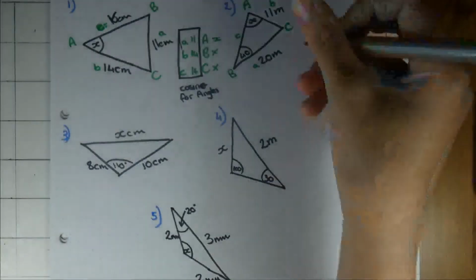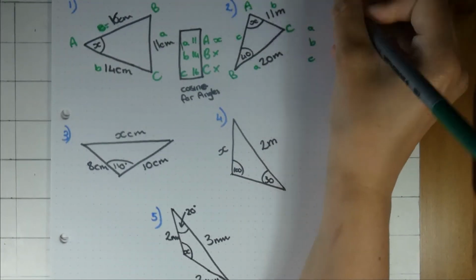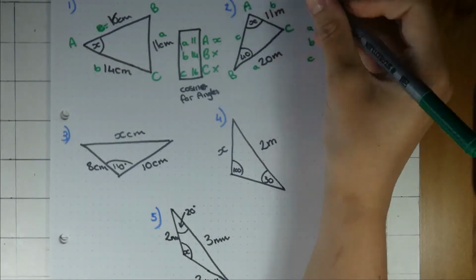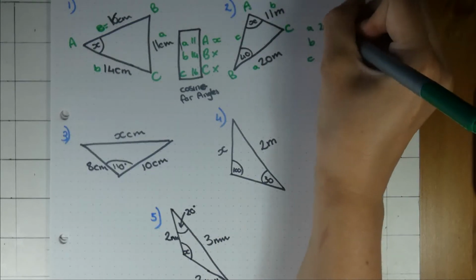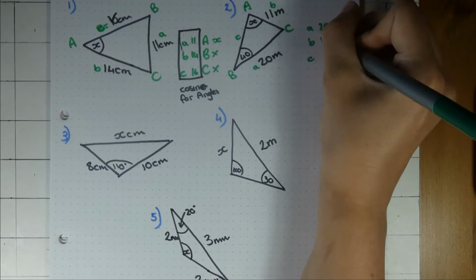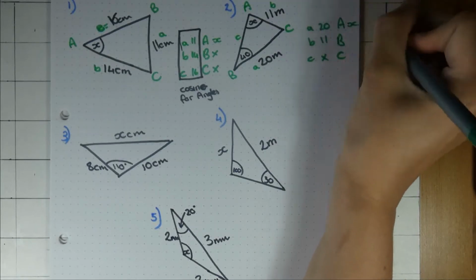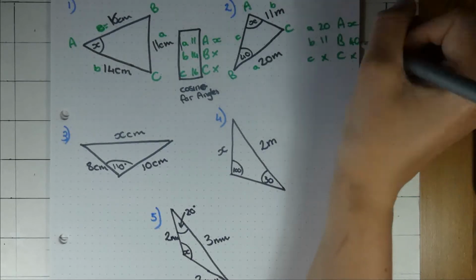We make our list. A, B, C, A, B, C, and we put our information in. We've got little a is 20, little b is 11, we don't have little c. Big A is X, big B is 40, we don't have big C.